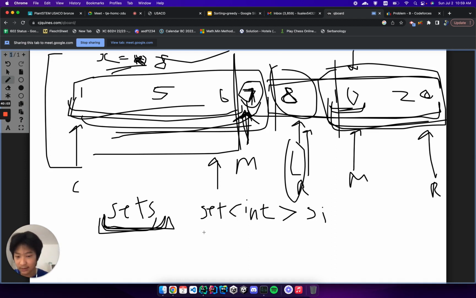What the set does is it allows you to do s dot insert and erase quickly. The reason it's able to do things quickly like that is because it always makes sure the set is sorted. So when you insert, you can just do a binary search to find the position where it would go.